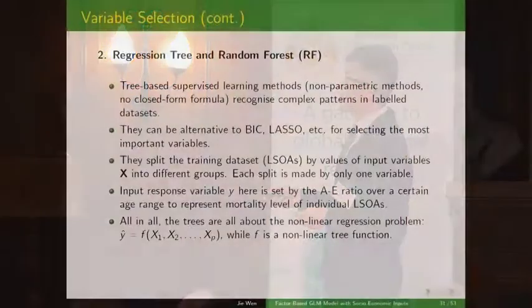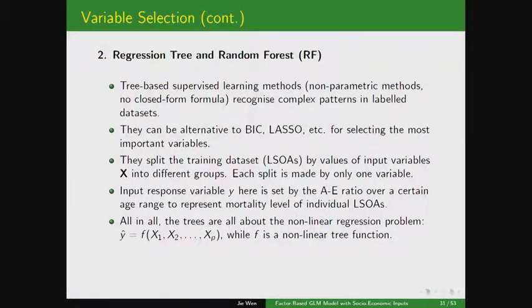For the response variable y, we use the actual versus expected ratio here. The AE ratio can be picked up over a certain age range to represent the mortality level of individual LSOAs. All in all, the tree methods are equivalent to nonlinear regression. So we can consider them as a nonlinear regression: y hat equals a function of the input variables, but there's no closed form formula for this f.